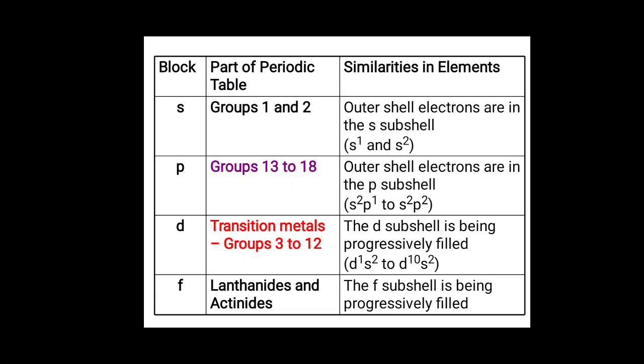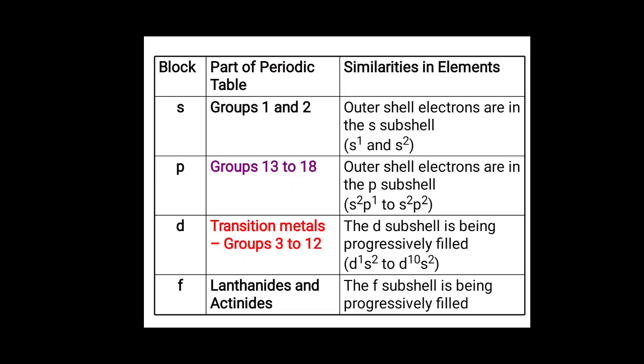Transition metals, groups 3 to 12, are the transition metals. The D subshell is being progressively filled, that is D1 S2 to D10 S2.